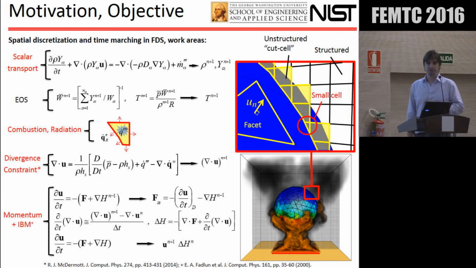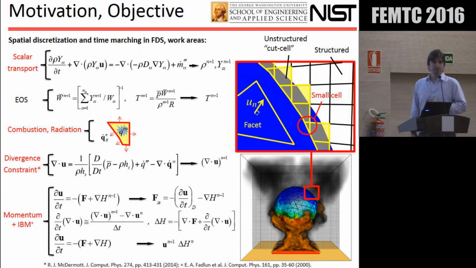Combustion in those gas cells would also have to be modified, the routines would have to take into account the new volumes that we have, the same as the radiation transport solver. In terms of energy and our thermodynamic divergence equation, this is being used as a proxy for the energy evolution in the model, and will also have to be modified because there are terms that are practically related to scalar transport.